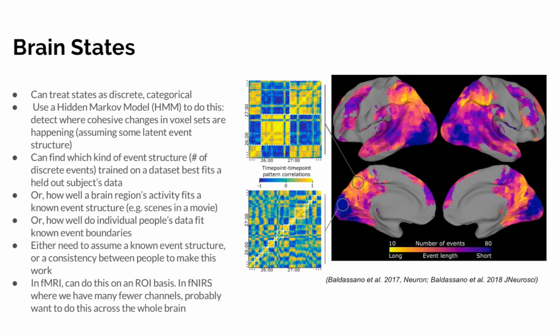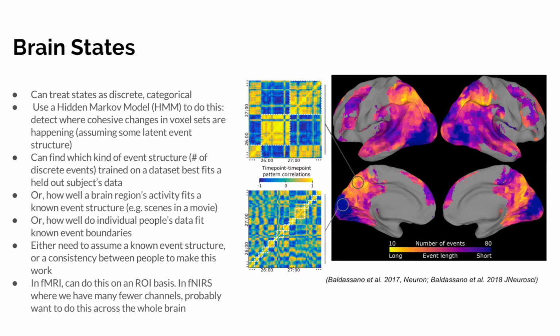So you can think about brain states as these discrete categorical things that the brain is passing in and out of. Prior research that has done it this way uses a hidden Markov model. It's where you're detecting cohesive changes in voxel sets, assuming some latent event structure underneath.